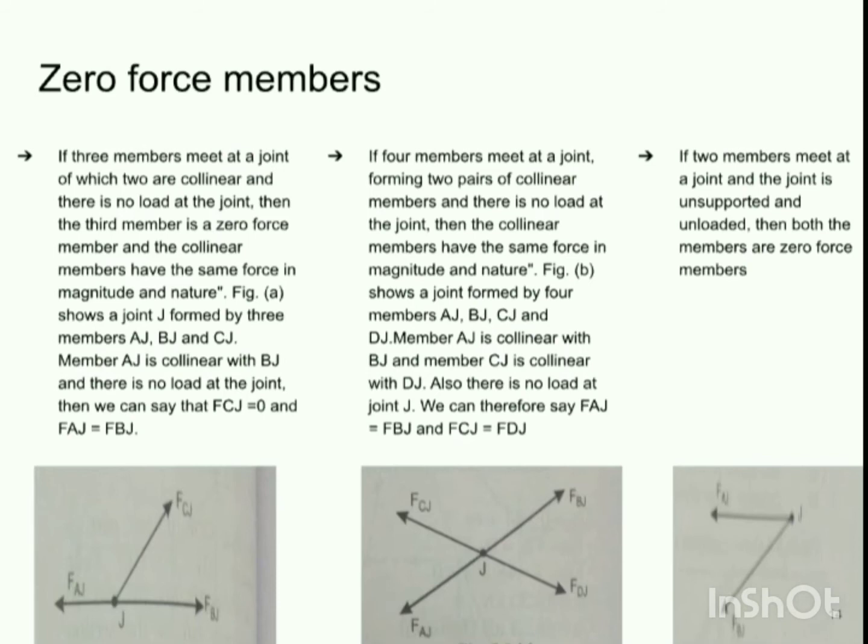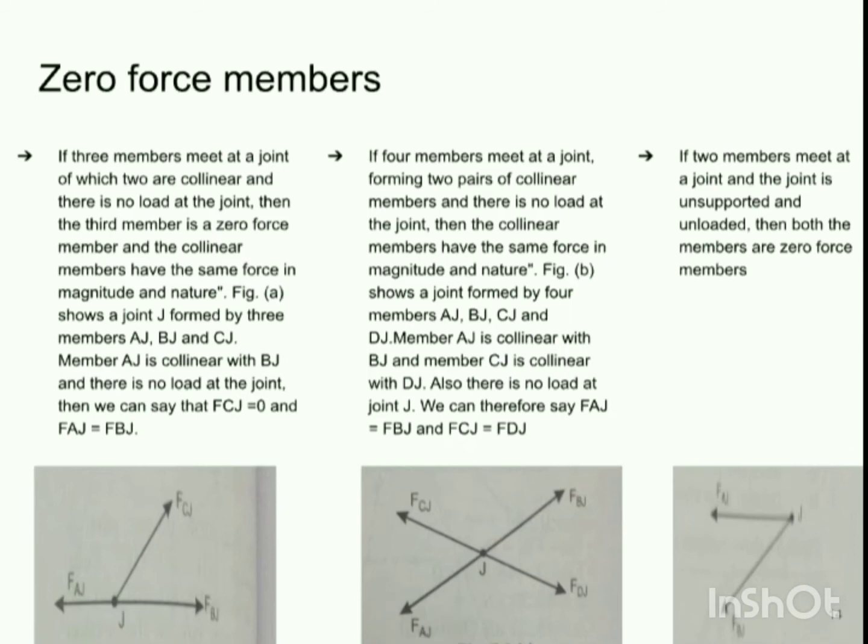So if you apply summation Fx, you will get Faj is equal to Fbj, and the third force, that is Fcj, that force will be equal to 0. If you apply summation Fy, you will get the value of Fcj as equal to 0, as there is no external load acting on the joint.